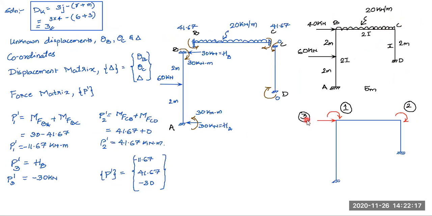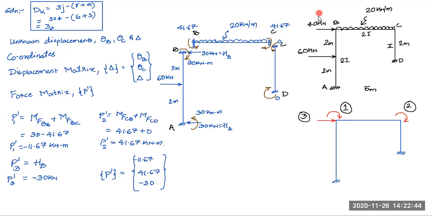But if I take the third coordinate and compare it with the frame given to me, there is a force applied in the third coordinate. It is a 40 kilonewton concentrated load, which is directly acting in this coordinate. So P3 will have a value of 40 kilonewton.